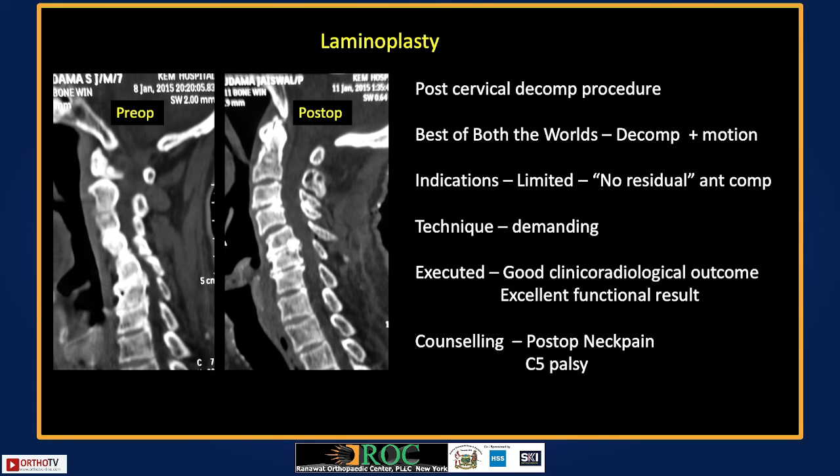So to conclude, basically it's a simple posterior decompression procedure where we can have the best of both worlds, good decompression and motion. The indications are limited, where we need to be sure that at the end of the procedure there's no residual anterior compression remaining. When executed properly, it is a demanding technique that gives good clinico-radiological outcome and an excellent functional result.